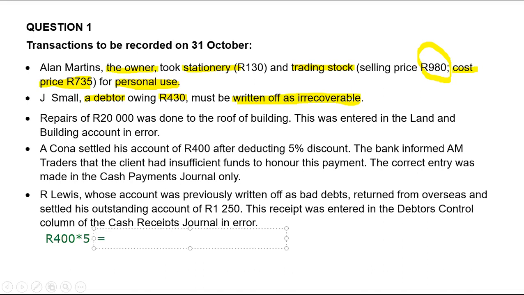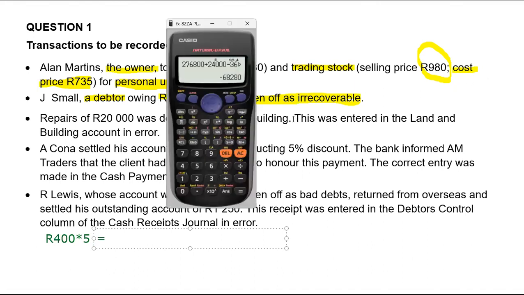And that will give me how much? 400 rand multiplied by 5%.